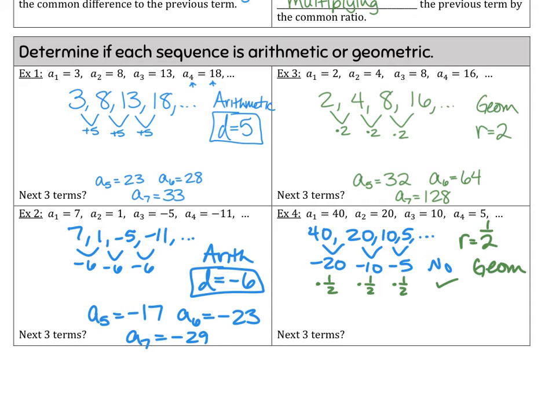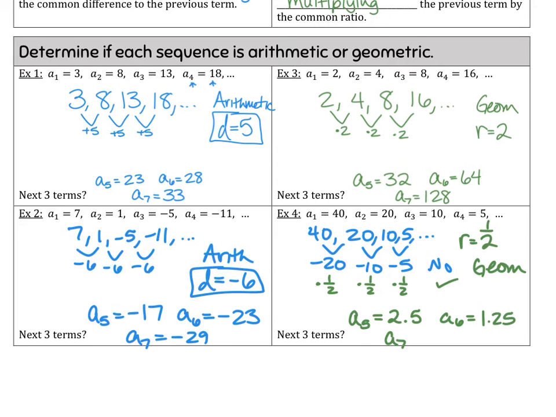Now, if I wanted to find the next 3 terms in this sequence, I need the 5th term. What would I do to find the 5th term? 2.5. So 5 divided by 2, or 5 times 1/2, is 2.5. A sub 6, so 2.5 divided by 2, or times a half.